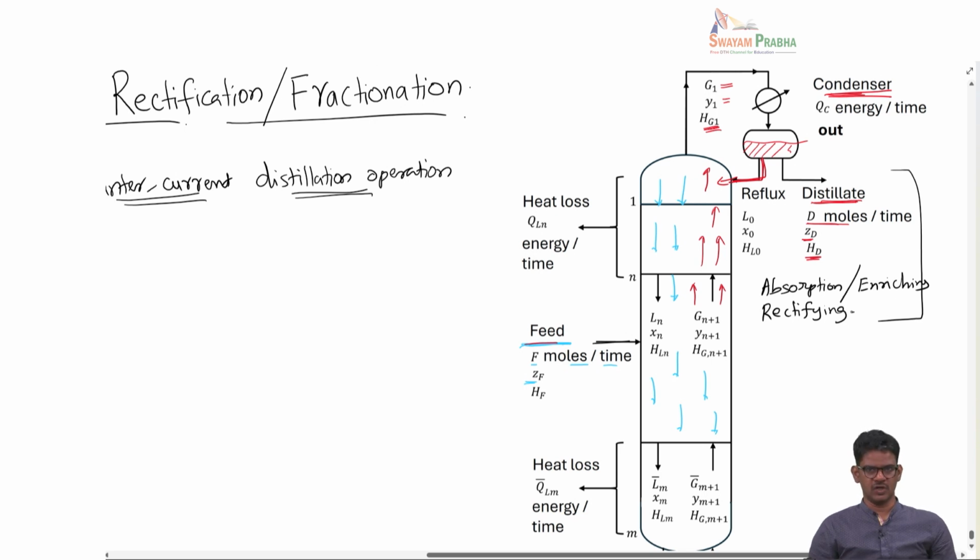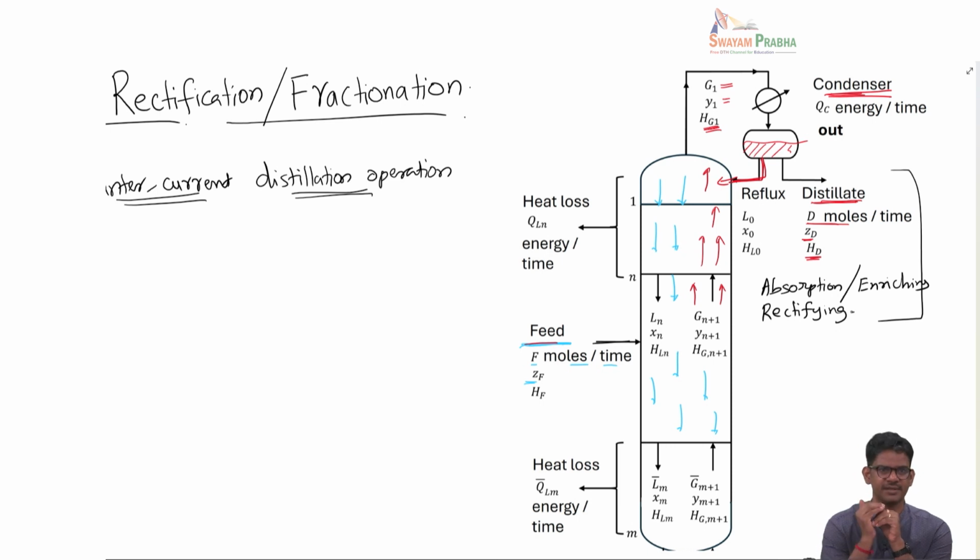So the part of the column from the feed location to the top of the column, the top part, is called the absorption or enriching or rectifying section.